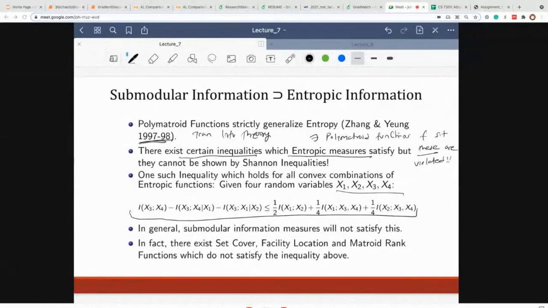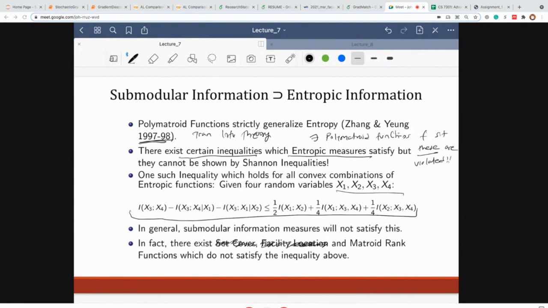In fact, actually this is wrong. When I wrote this slide last year, I thought that even facilitation and set cover don't satisfy this, but it turns out that set cover and facilitation are in fact subsets of entropy. This is something we showed early this year.